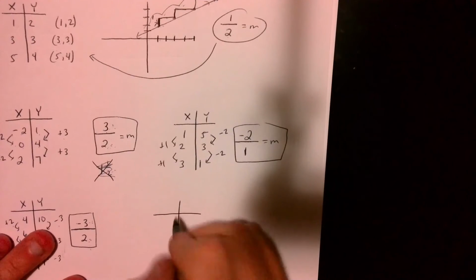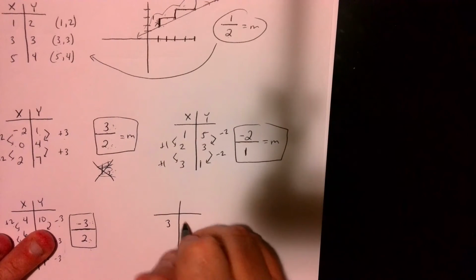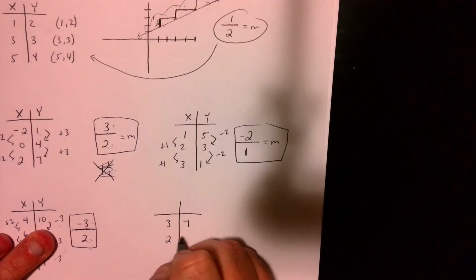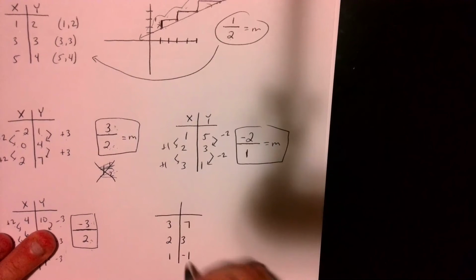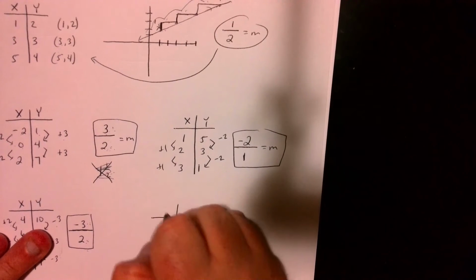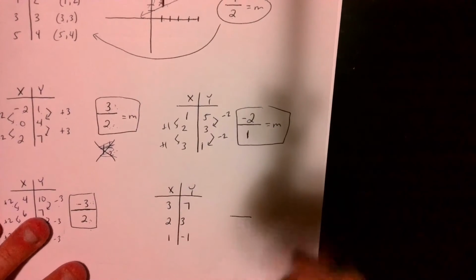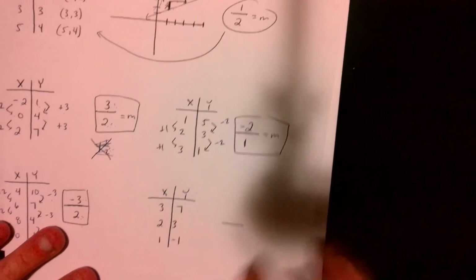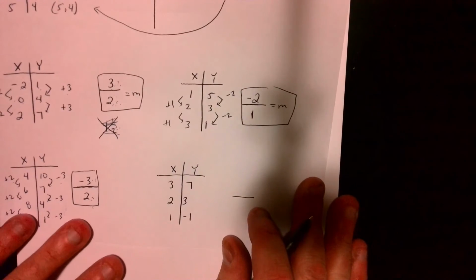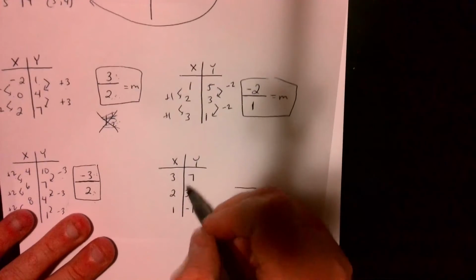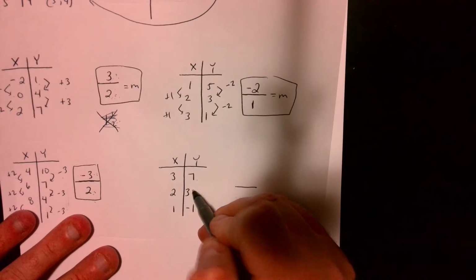If we have 3, 7, 2, 3, 1, negative 1. These are our x's, these are our y's, right? So we want to find our slope again. Okay, so I'm right here, I'm getting smaller, right? I can see that.